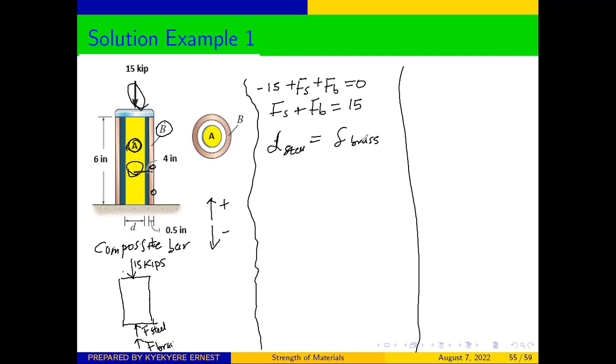Once you have written that equation, we can write the deformation equation for both the steel and the brass.